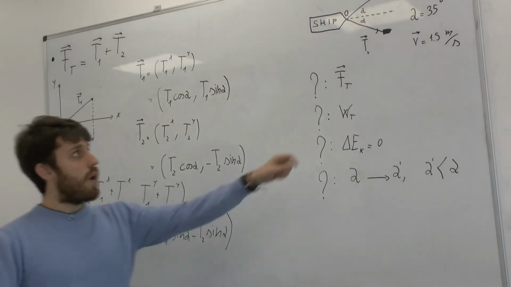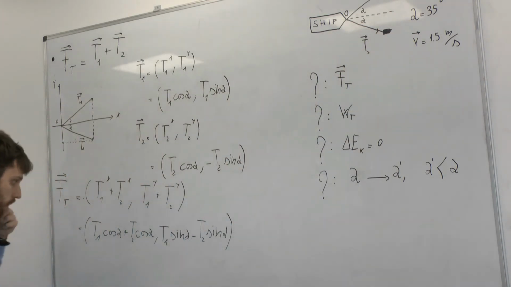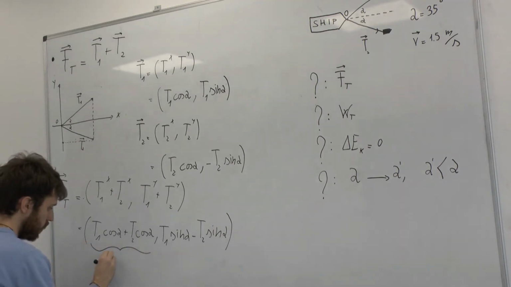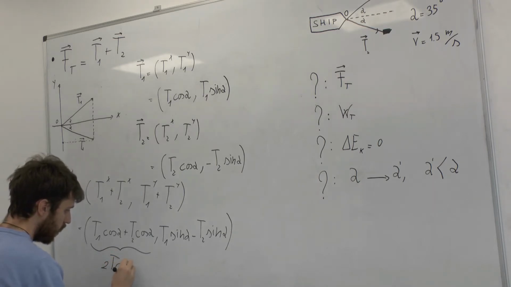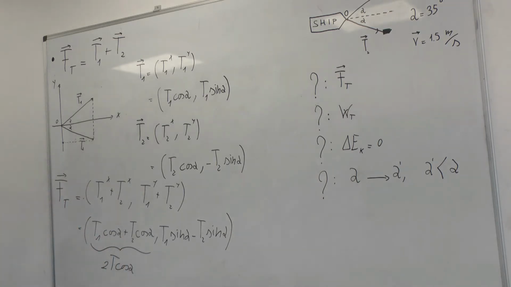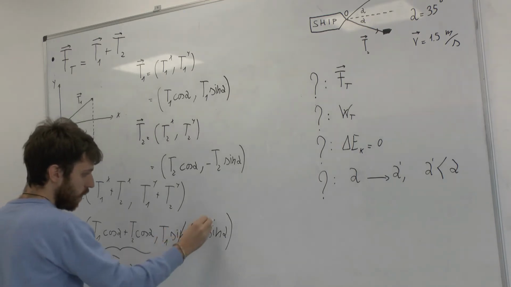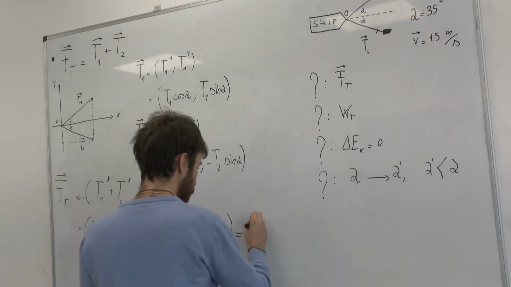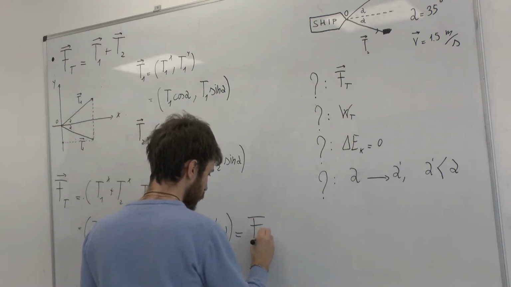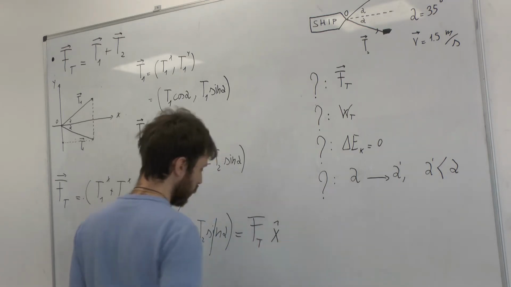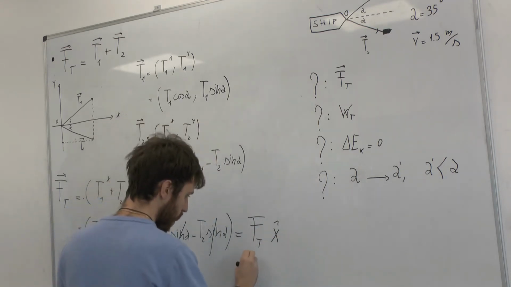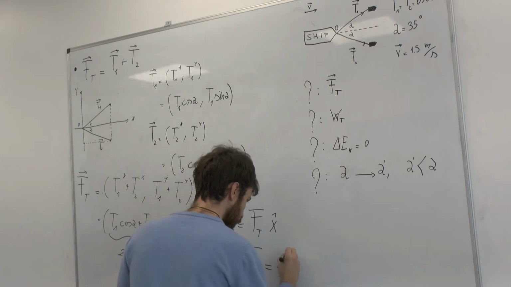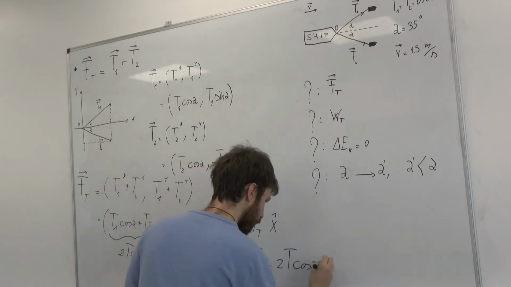But now, since we know that T1 is equal to T2, the x component is just 2T cos alpha, where T is T1 or T2, we can choose. And here the y terms just cancel out. So the force is just Ft along the x direction, where Ft is equal to 2T cos alpha.